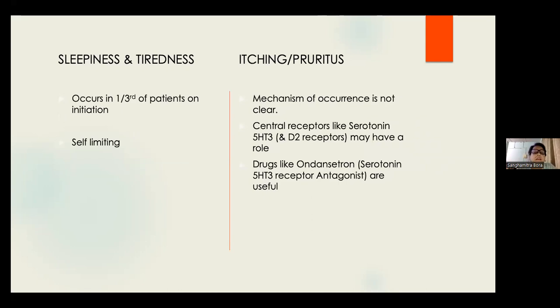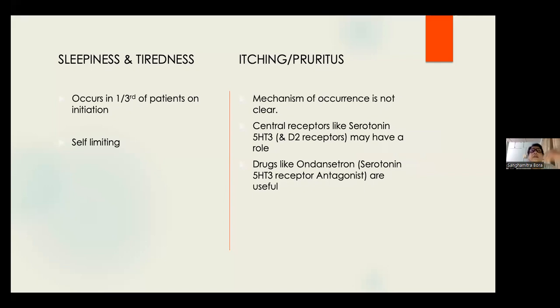Coming to the other side effects, which are sleepiness and tiredness, these also occur in 1/3 of patients on initiation, and they are self-limiting, generally do not require us to do anything. Sleepiness is not drowsiness. It is just being a little sleepy.